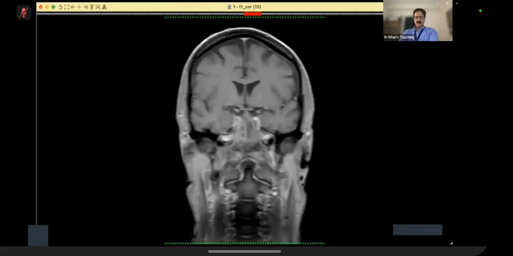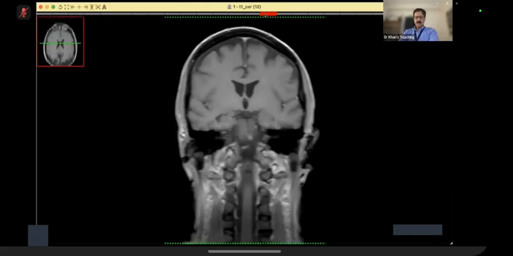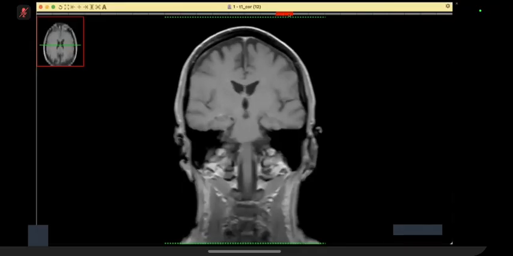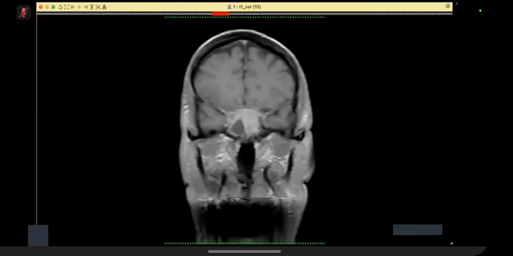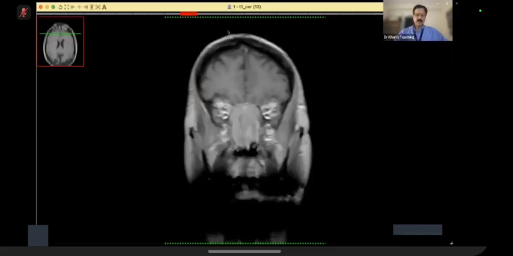Mm-hmm. So it is not involving the optic chiasma. No, what about the pituitary fossa? It is involving the pituitary fossa. In fact, the pituitary cannot be seen separately from it. Okay, thank you. Thank you.